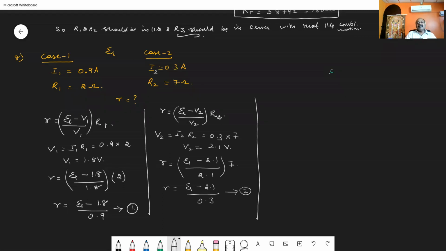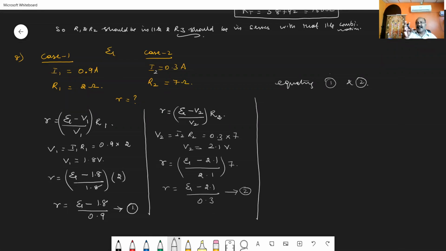By solving these two equations, I can get the value of EMF. After getting EMF, you have to substitute in any one of the equations to get internal resistance. So in order to solve, I am equating equation 1 and equation 2, because both the left hand sides are equal.